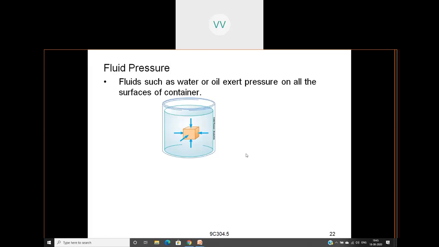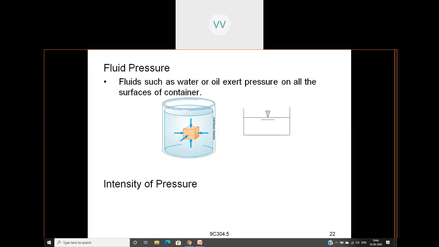Look at this sketch, a container containing water. Take a water particle and it is subjected to pressure from the top, from the sides, from the bottom, and from right to left. It is pressurized from all directions. This is the top surface.